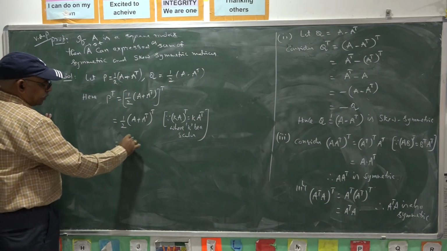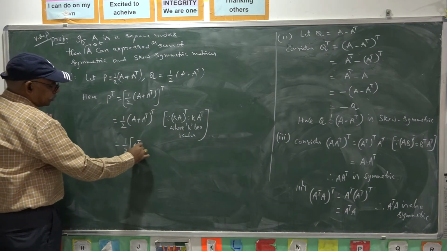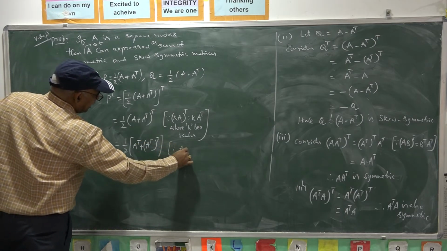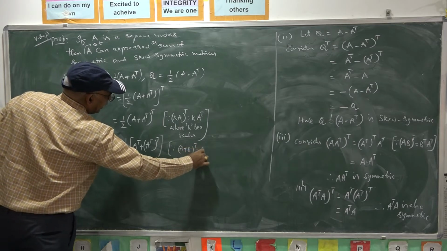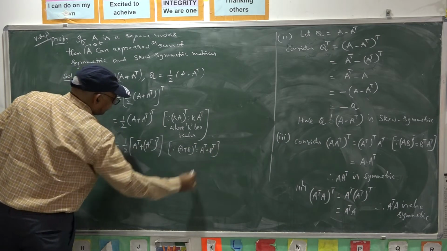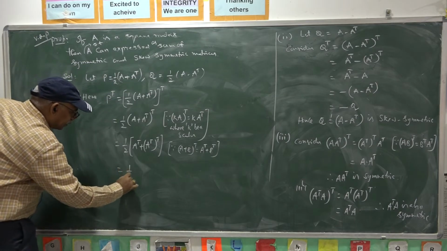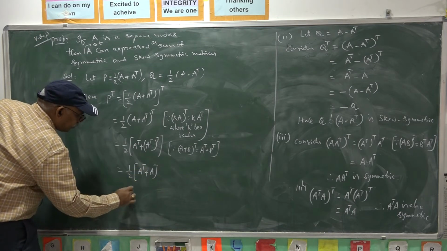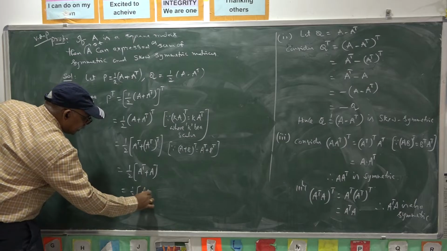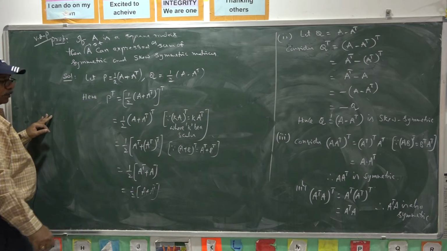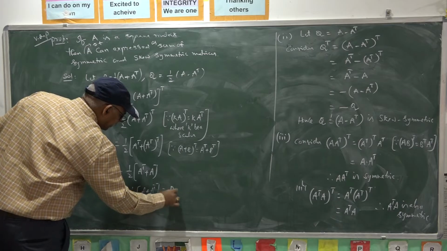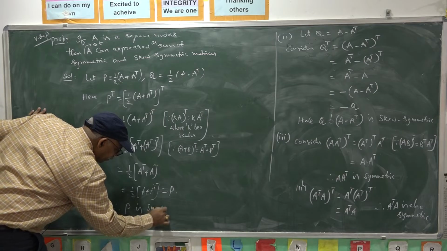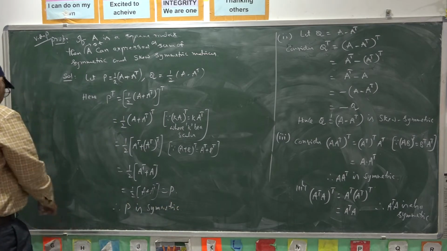That is 1 by 2 into A transpose plus A transpose whole transpose, since A plus B whole transpose is A transpose plus B transpose. That is 1 by 2 into A transpose plus A, which is 1 by 2 into A plus A transpose itself, which is nothing but P. Therefore, P is symmetric.